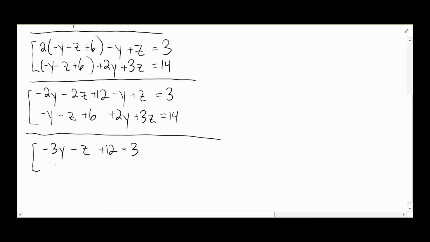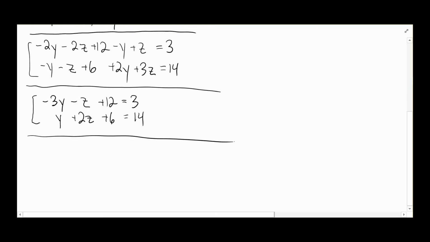Second equation, combining like terms, I get y plus 2z plus 6 equals 14. Now we're going to go ahead and throw the constants to the other side so that I have negative 3y minus z equals negative 9. And y plus 2z equals 8.